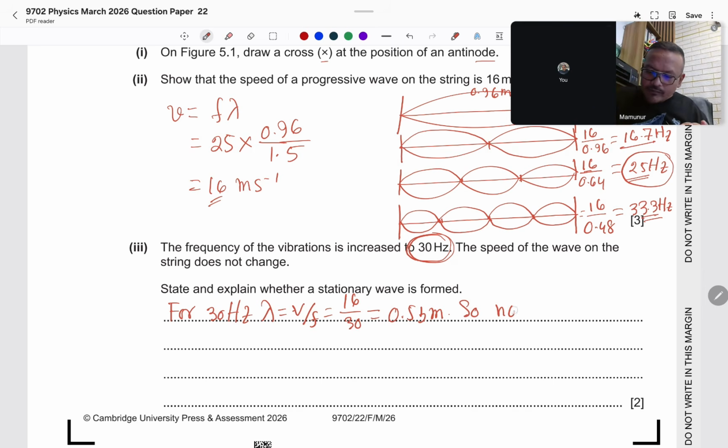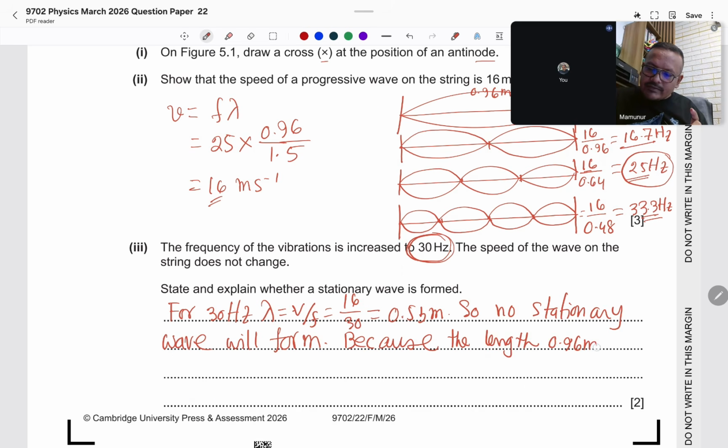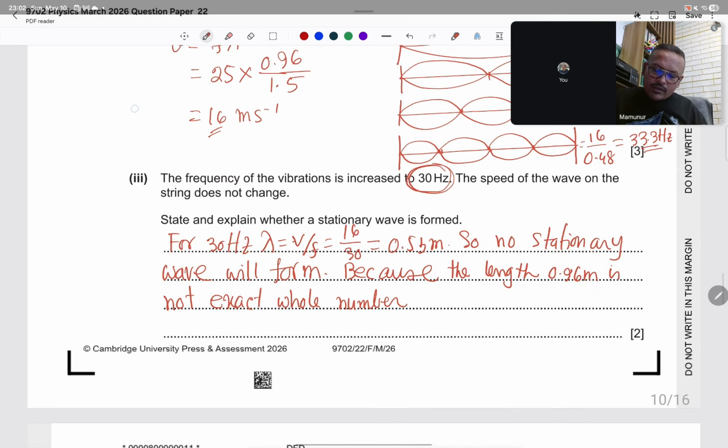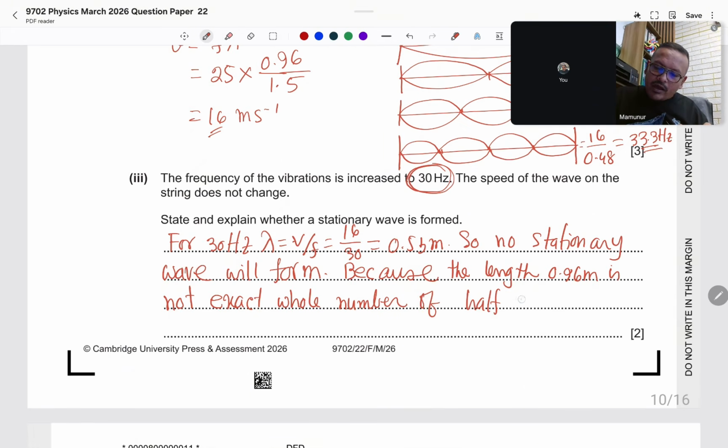So no stationary wave will form because the length 0.96 meter is not an exact whole number of half wavelengths.